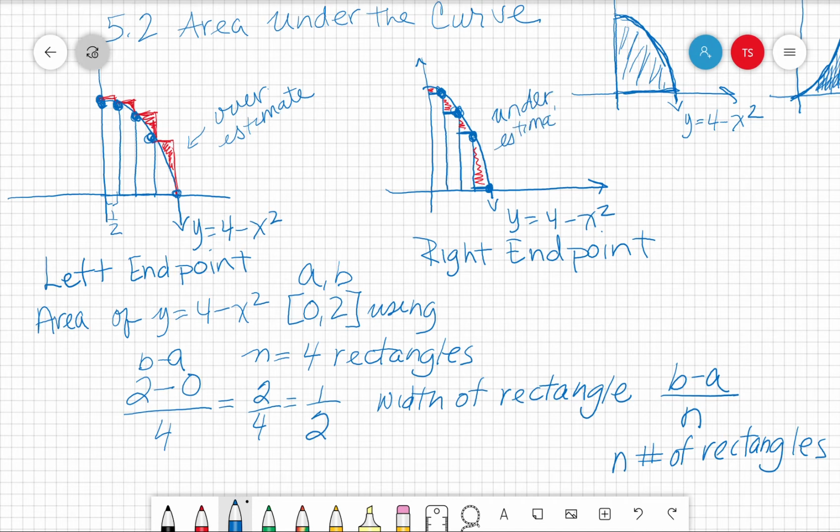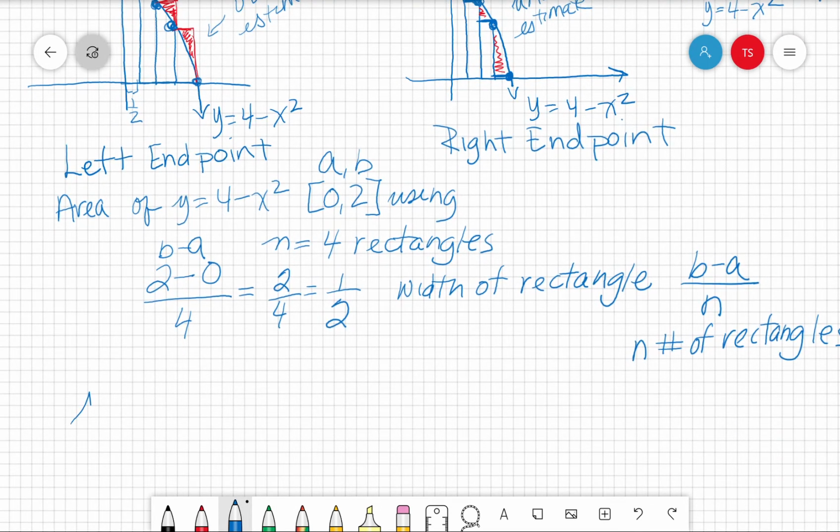And so then we're just going to recall that the area of a rectangle is the width times the length. So my width is going to be 1/2.